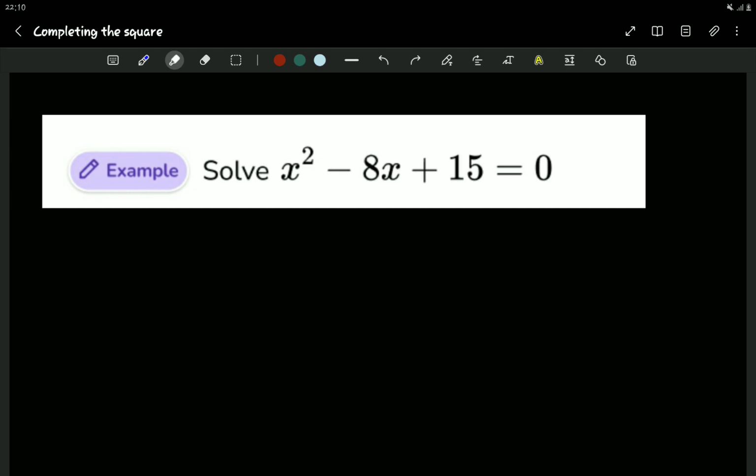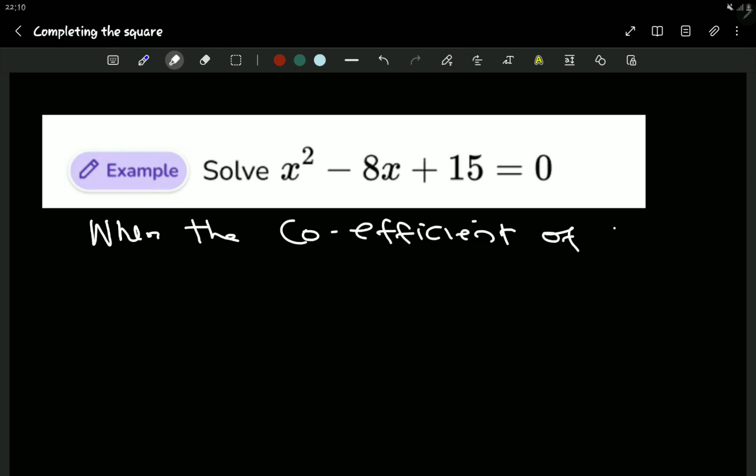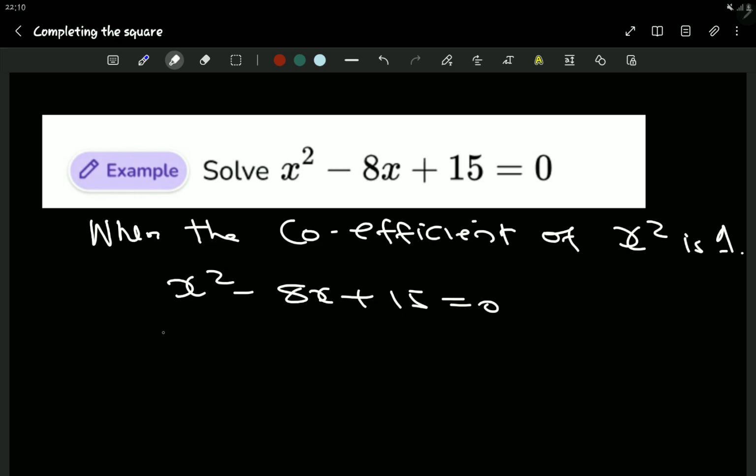The first one is when the coefficient of x squared is 1. You will find another situation whereby instead of having an equation like x squared minus 8x plus 15 is equal to 0, you might have something like, let's say, 3x squared minus 8x plus 15 is equal to 0.